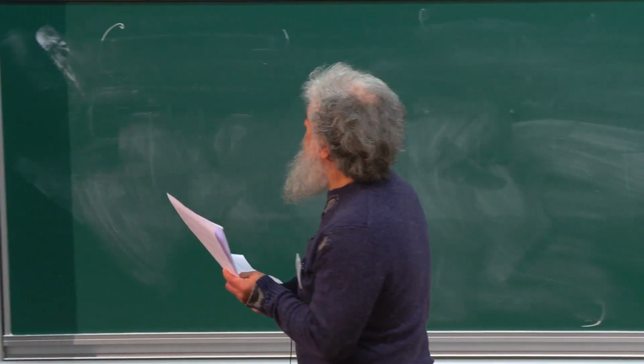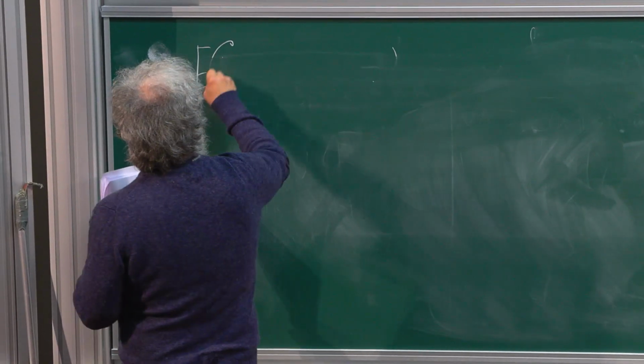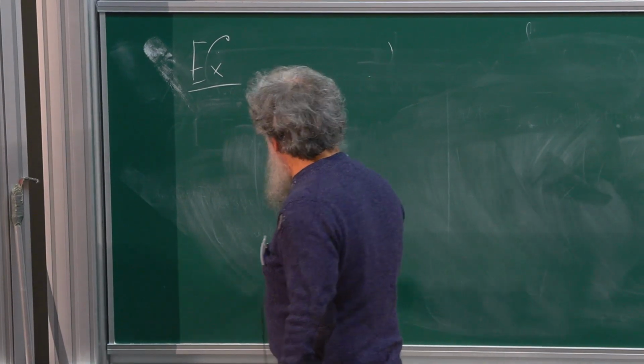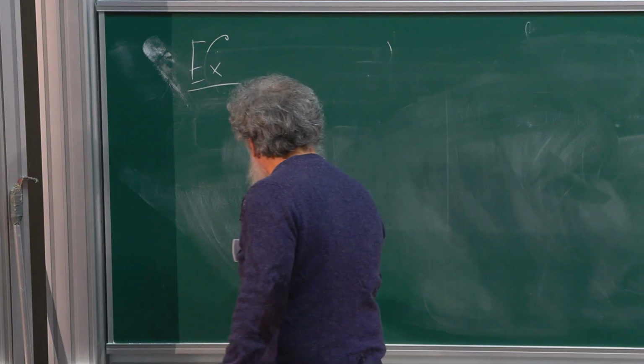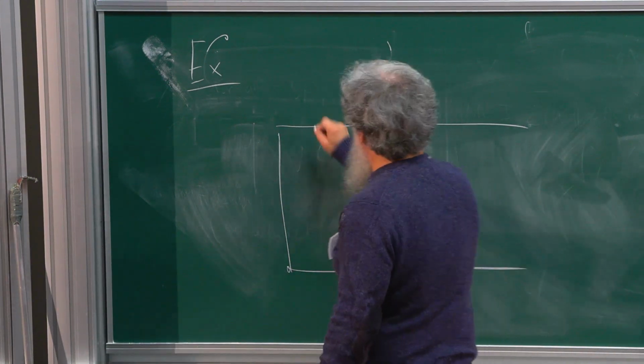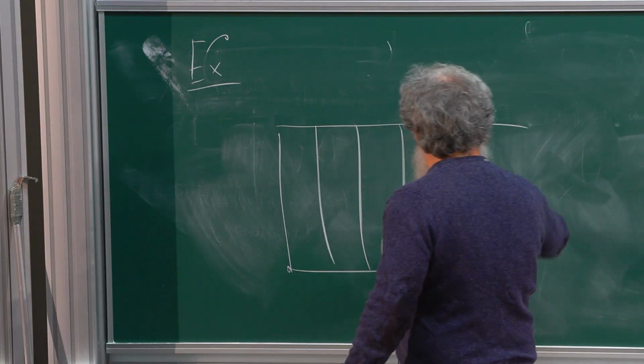Example. Consider the following graph. It would be infinite, but that does not matter. You just have a rectangular picture.